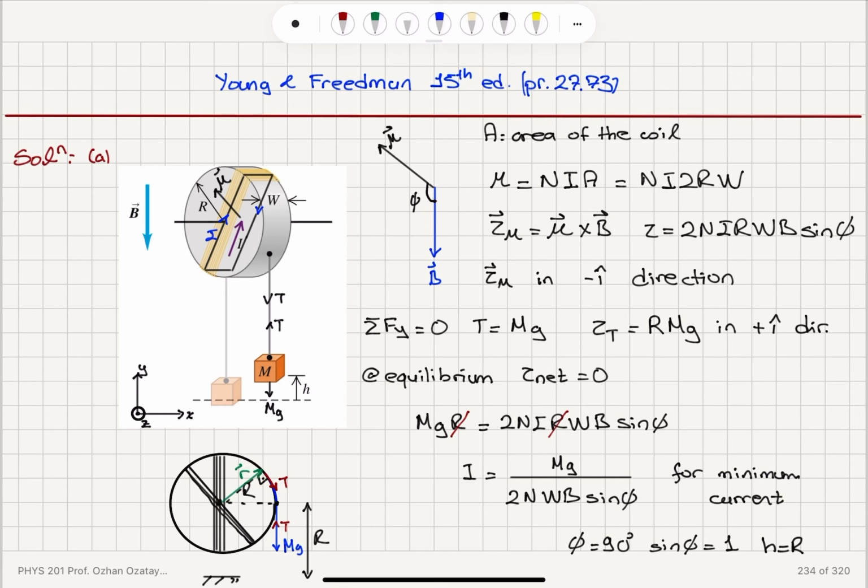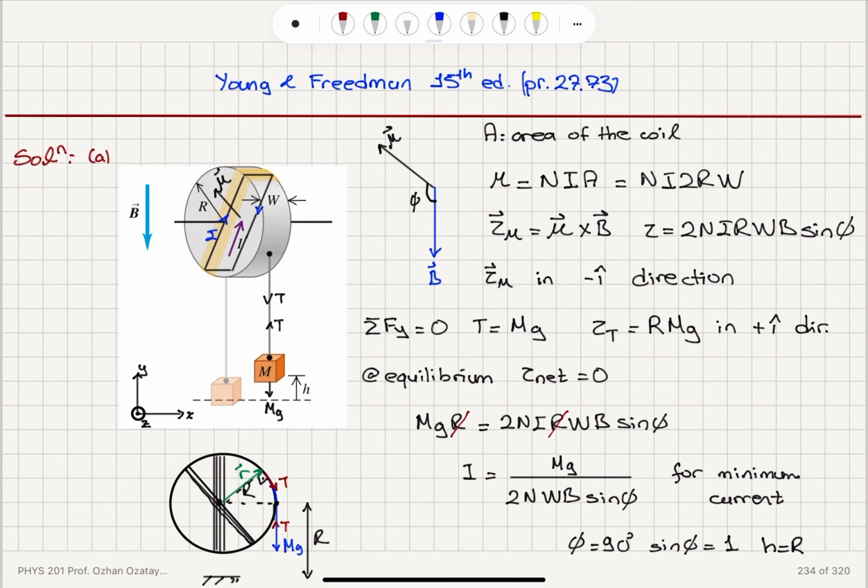So what is mu cross b? It is the magnitude of the magnetic moment, n I times area, which is 2rw, multiplied with magnetic field, sine of the angle between them, sine phi. So mgr must be equal to 2nirwb sine phi, and the current is then mg over 2nwb sine phi.